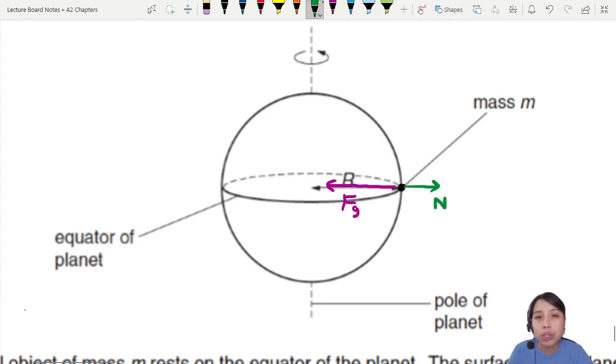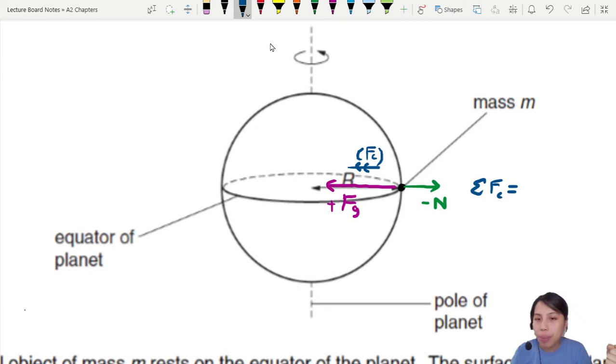Both of these forces contribute to the centripetal force, which is towards the center. I put in brackets, the net force towards the center of the Earth. So what is that net force? At the equator, net force Fc equals, who is pointing to the center? Fg, so this is positive. Who is pointing away from the center? You give negative. Remember the circular motion videos that we looked at earlier?